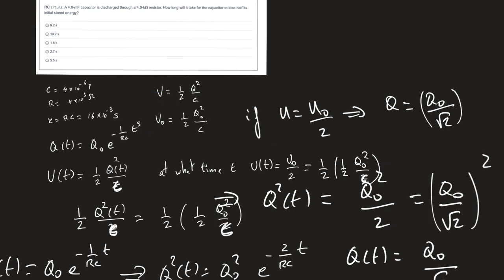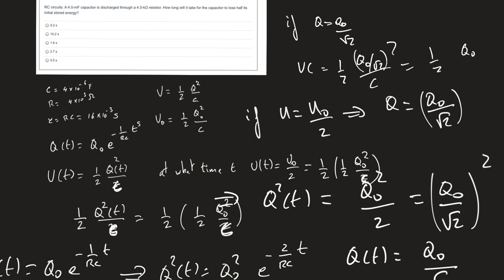And let's do it. If Q is Q0 divided by square root of 2, the new stored energy U will be 1/2 of Q0 divided by square root of 2, squared, divided by C, which is 1/2 of Q0 squared divided by 2C.